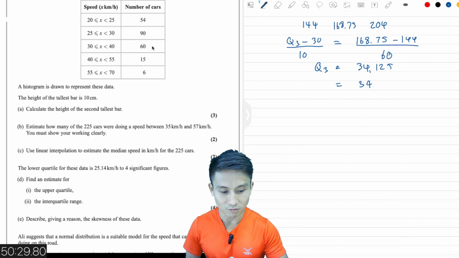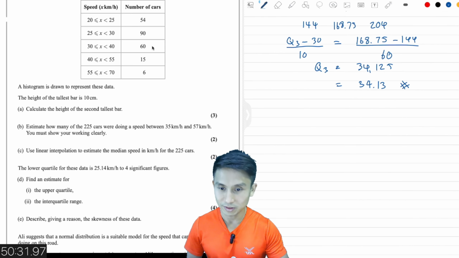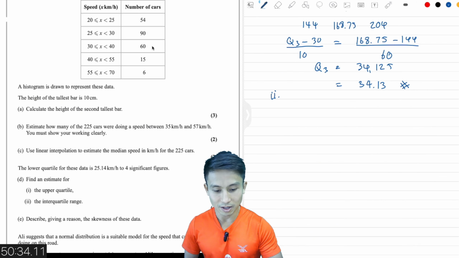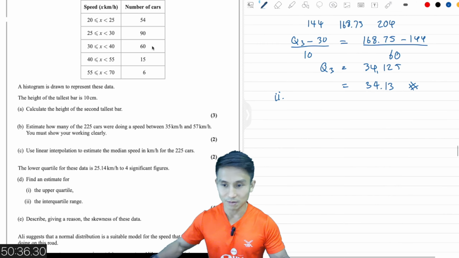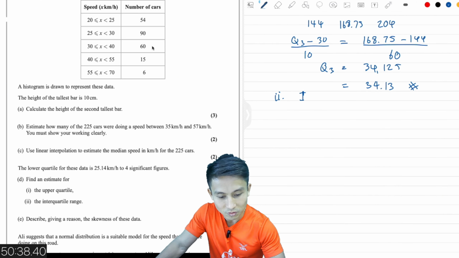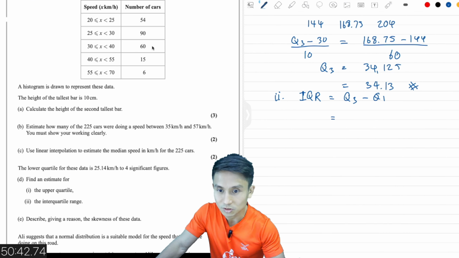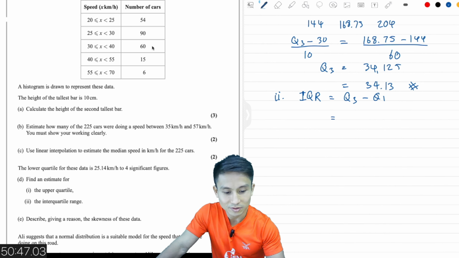So I'm just going to write 34.13. And then part II, we also need to find the interquartile range. So the IQR is basically Q3 minus Q1. Hang on, so this is 34.13 minus 25.14.